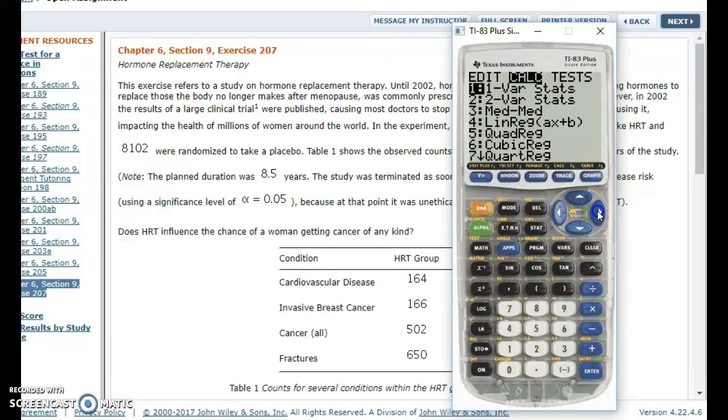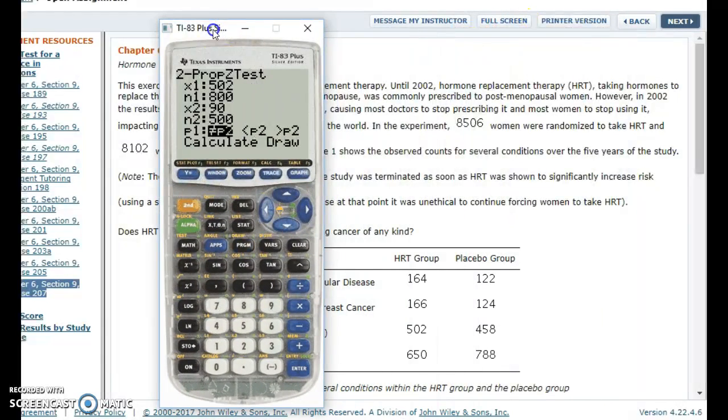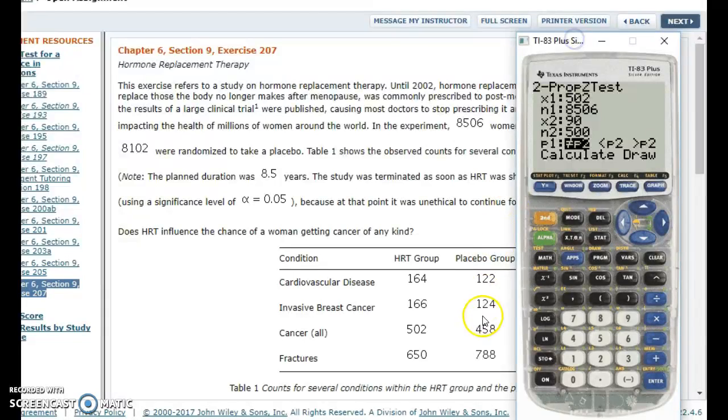Stat. Test number 6. So women who got cancer, 502 out of 8506. Nice that they gave us the numbers. Okay, placebo group who got cancer, 458 out of the 8102.